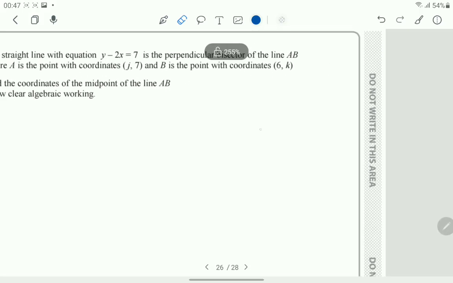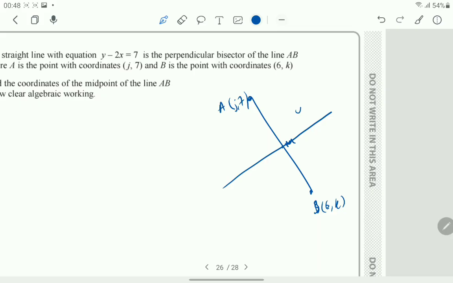So let's just say that this is a line and here is somewhere point A, which is (j, 7), and here is somewhere point B, which is (6, k), and this is the midpoint M, and through M a line passes which is y equals 2x plus 7.